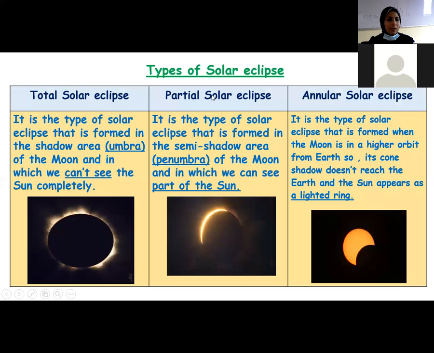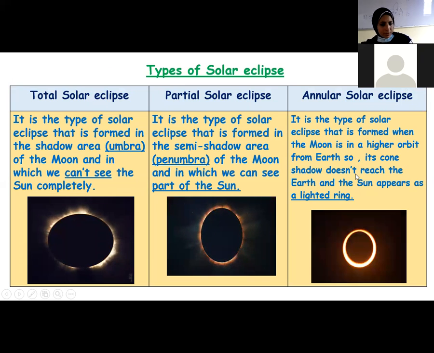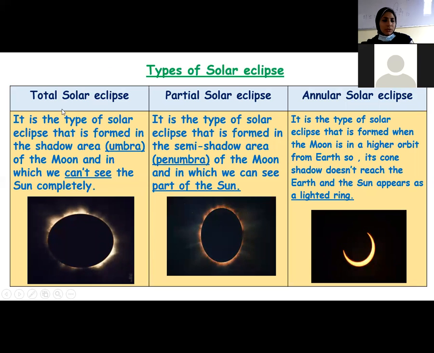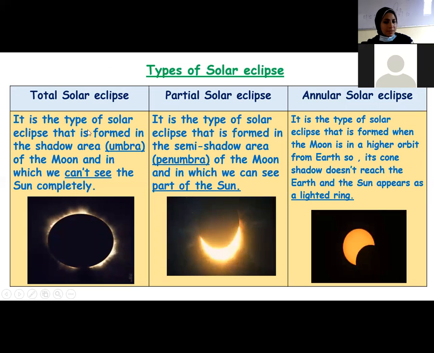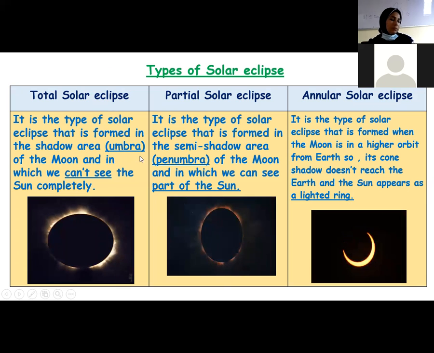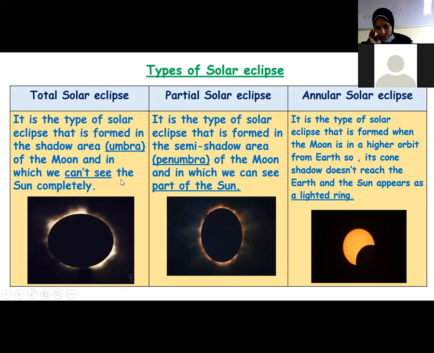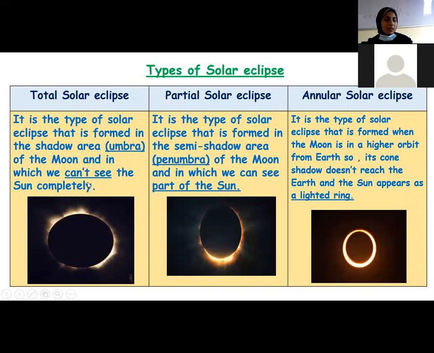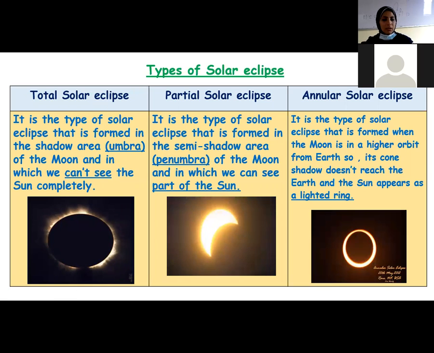So read the three types of the solar eclipse. Number one, the total solar eclipse. What is the meaning of the total solar eclipse? It's the type of solar eclipse that forms in the umbra shadow of the moon. So we can see the sunlight completely like this.